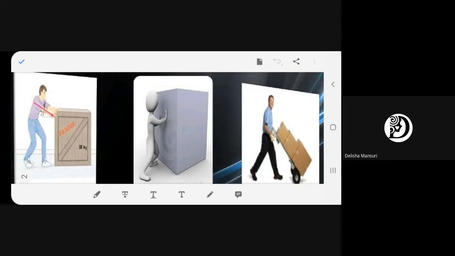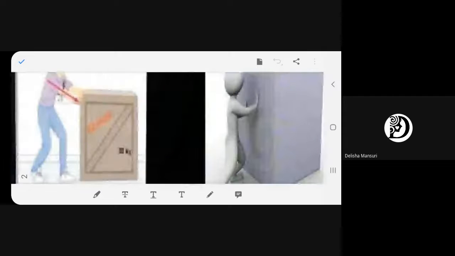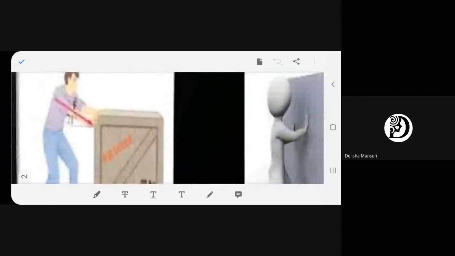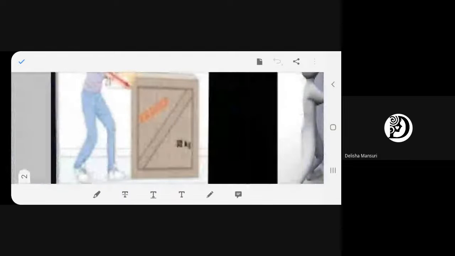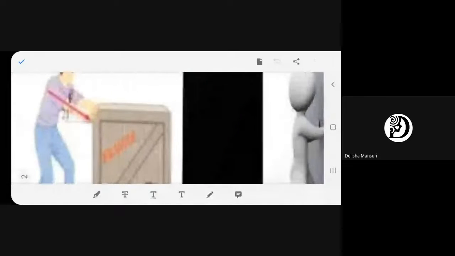Okay? What is happening? What is this man doing? He is pushing the box, right?